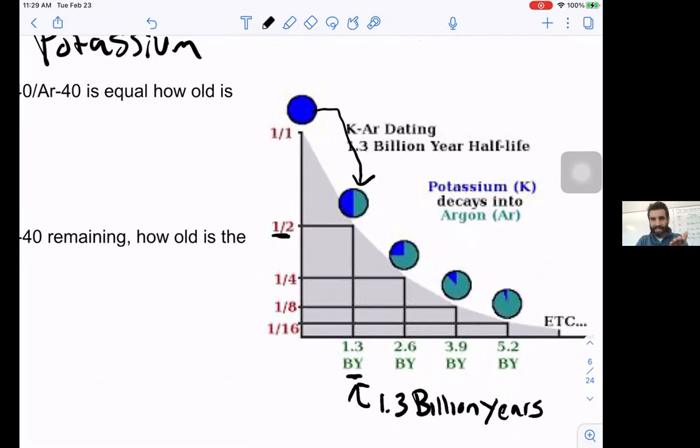So if a scientist measures equal amounts of potassium 40 and argon 40, we know that rock is 1.3 billion years old. And we've measured that in the lab. We can predict that from the same types of calculations that we used to measure the decay of carbon 14. The specific calculations are a little beyond high school in general, but I'll just let you know that they are really well established.